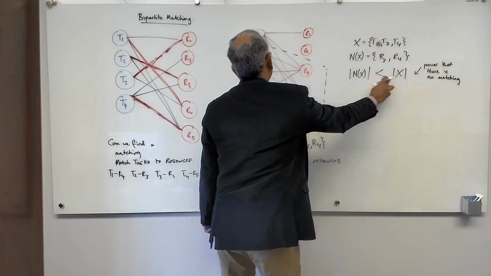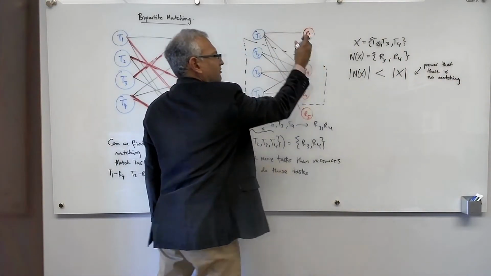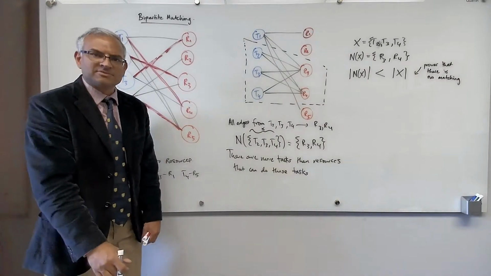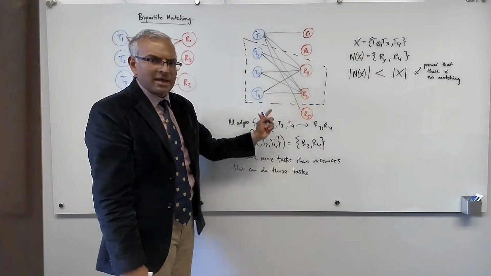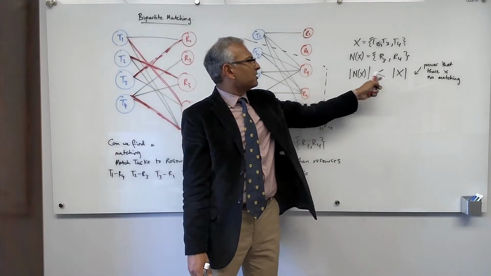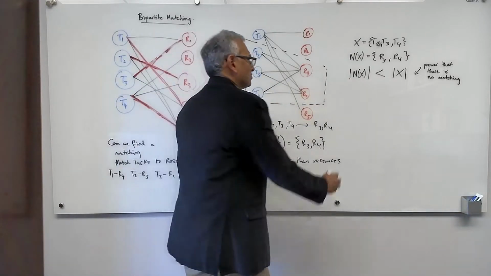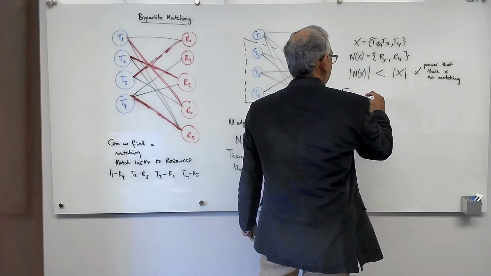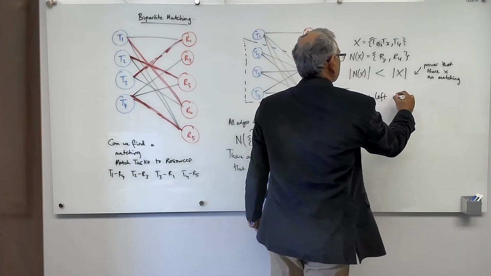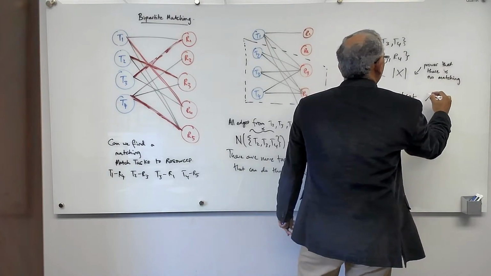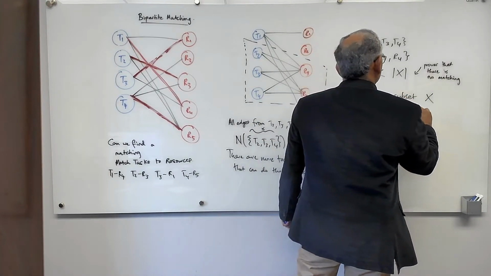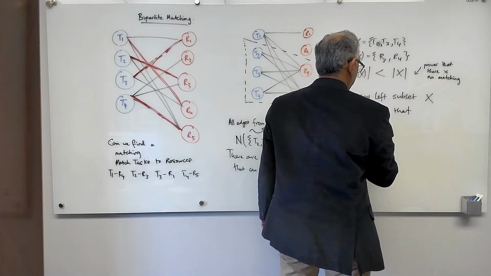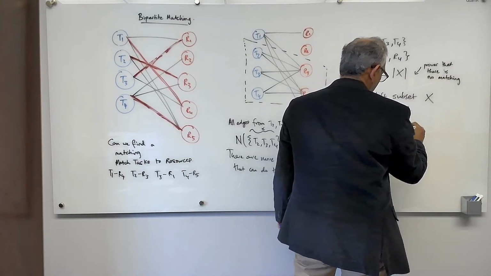We call this subset a left subset, and we call this the neighborhood of that left subset, which happens to be a right subset of the vertices. And so, immediately we see that if there's going to be a matching, this condition cannot happen for any left subset. So for any left subset X, it must be that the size of X is less than or equal to the size of the neighborhood.